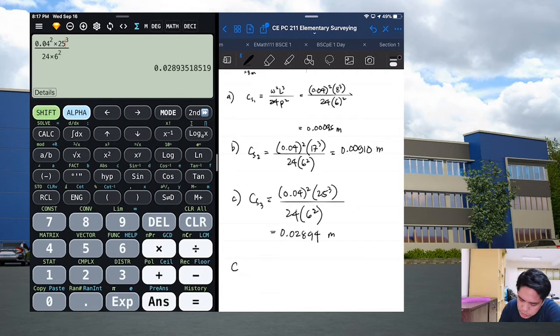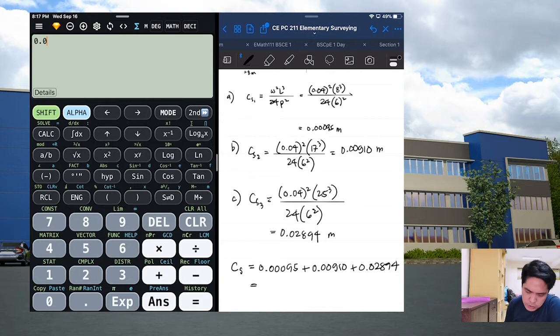So therefore the total correction due to sag is just 0.00095 plus 0.00910 plus 0.02894, all in meters.